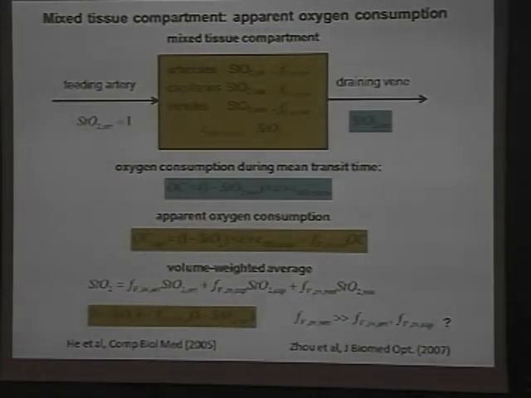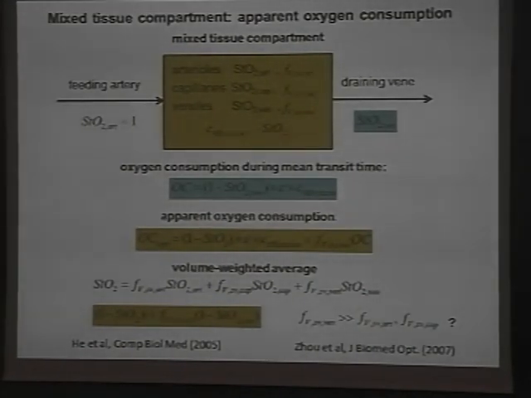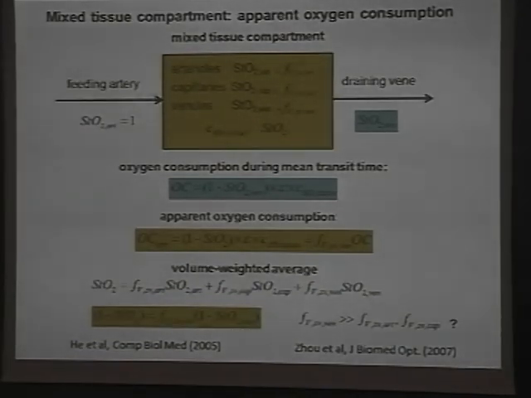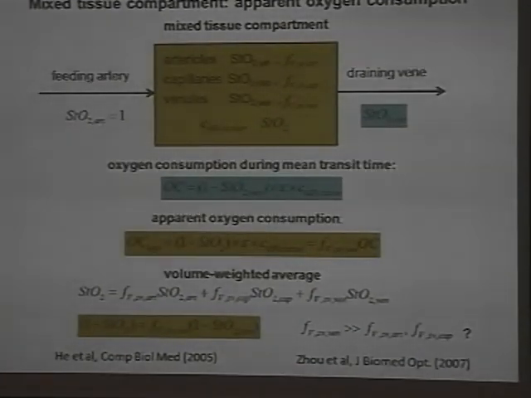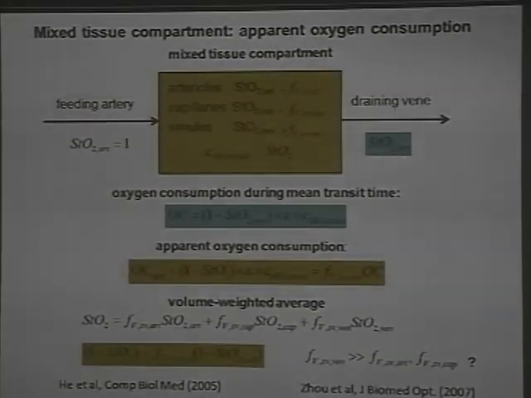because we measure the blood oxygen saturation in the tissue, and the tissue consists of small arteries, arterioles, small capillaries, and small veins, venules, each with its own oxygen saturation, and what I've given here are the relative volume fractions.